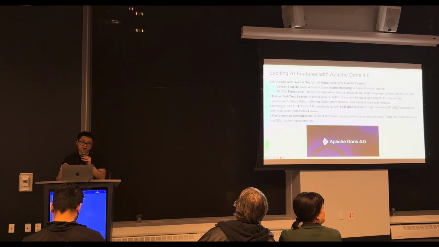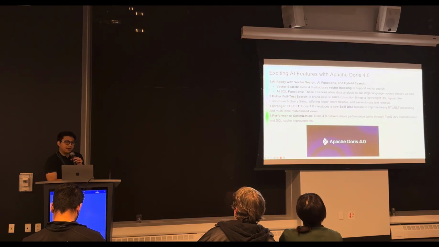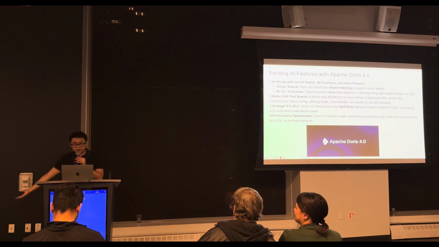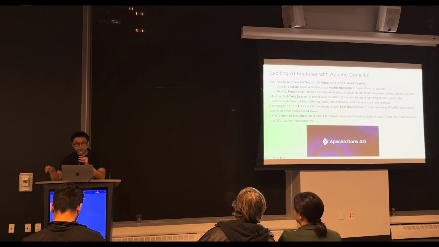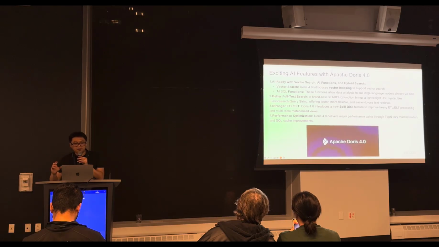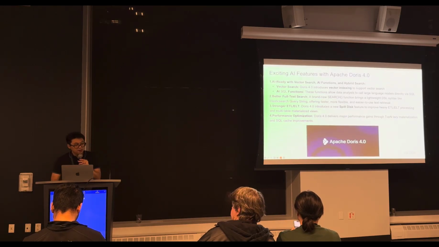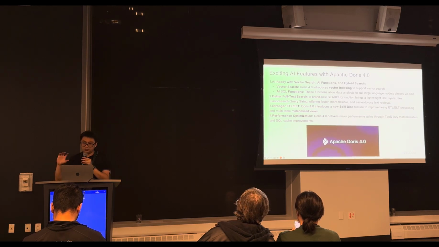So instead of having to add a glue layer between your database and your model, such as using Python, you can actually use SQL directly to interact with LLMs. And we also introduced a brand new full text search function, basically bringing a lot of these search capabilities directly into the SQL interface. Again, you're already able to do full text search in SQL directly. This is now just making it even easier.